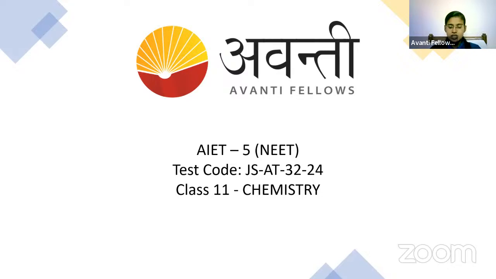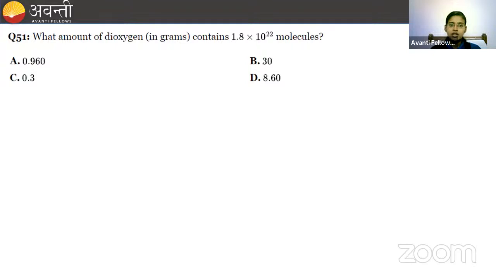So the first question is question number 51 of your paper. The question says, what amount of dioxygen in grams contains 1.8 into 10 to the power 22 molecules? Okay, so we have to find out the amount of dioxygen in terms of grams.